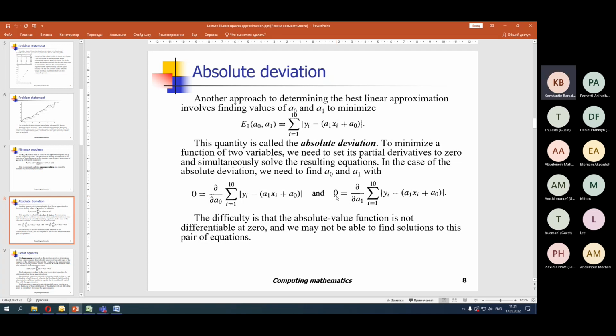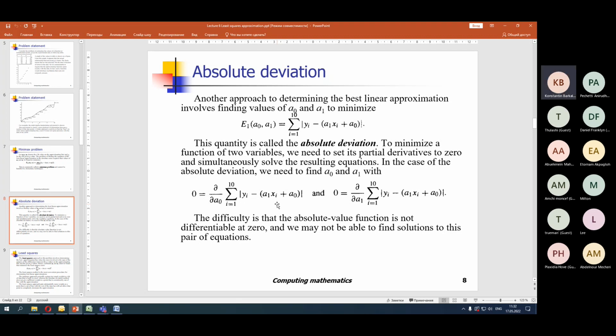But in this case, we have another difficulty: the absolute value function, the module, is not differentiable at 0. And we may not be able to find solutions to this pair of equations.